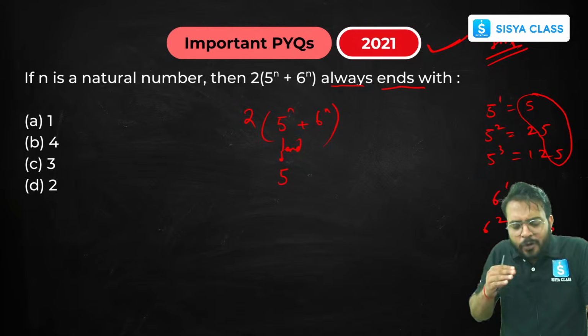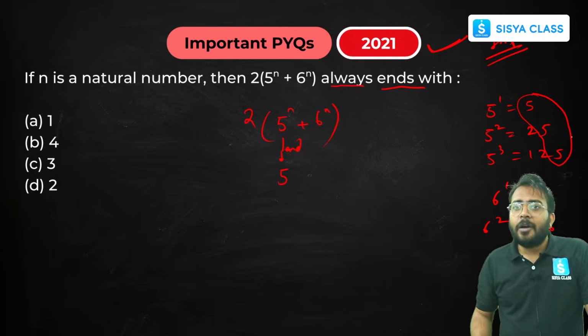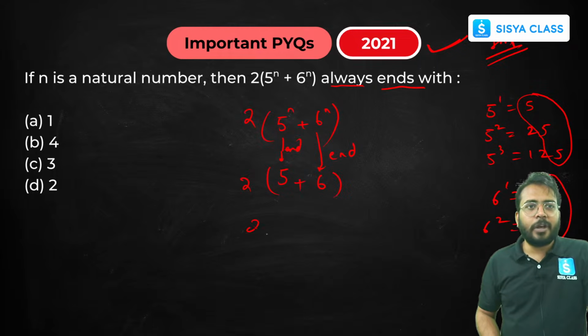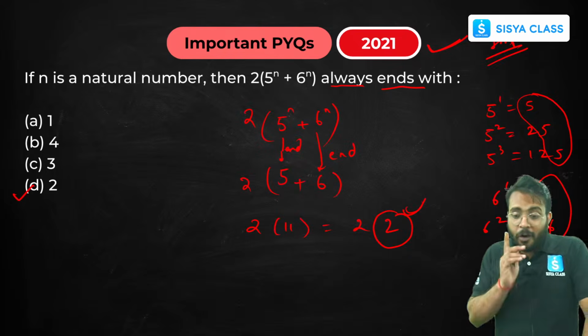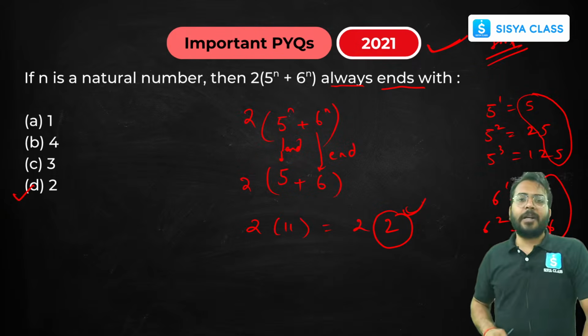Whenever you take any odd or even power, this number always ends with 6. So 6 to the power n always ends with 6, and here we have a plus sign and we have 2. So 2 into 11, that means 22, and this number is always going to end with 2. The digit you will get at the ones place is always going to be 2, all right.